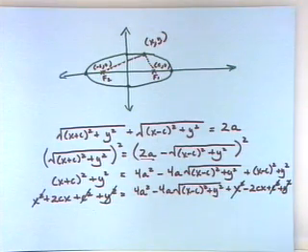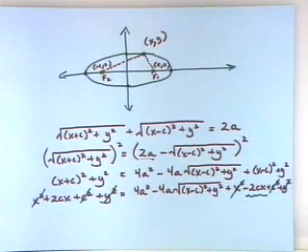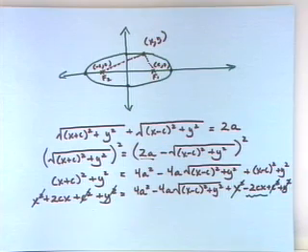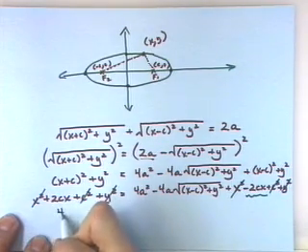And we take this and slide it to the other side. There's already a 2cx on the left side. Let's add 2 more cx, which would be 4cx.